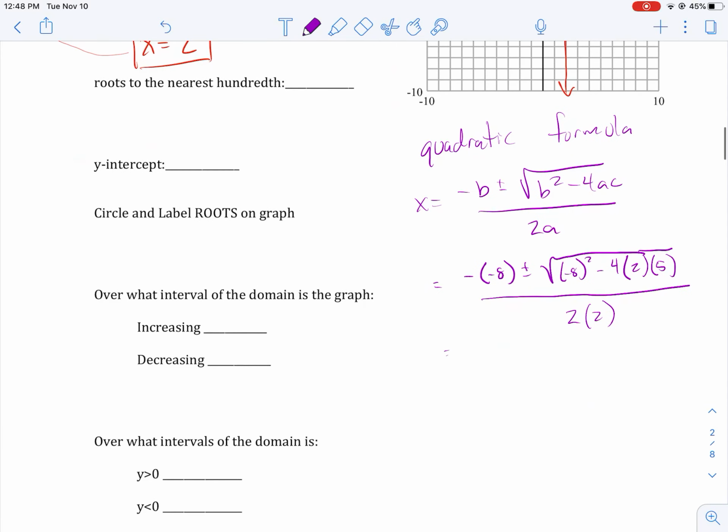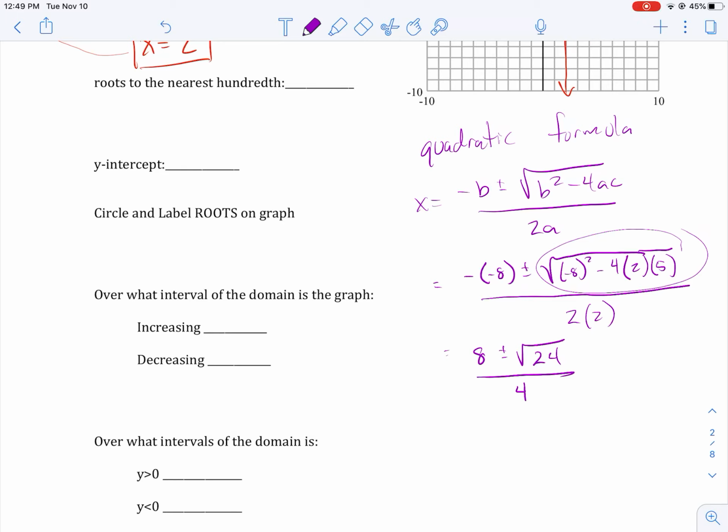My suggestion, before you just go plugging away here, is to find out what the value is inside your square root. Negative 8 squared is 64, minus 4 times 2 times 5, which is 40, so you get 8 plus or minus the square root of 24, all over 4.